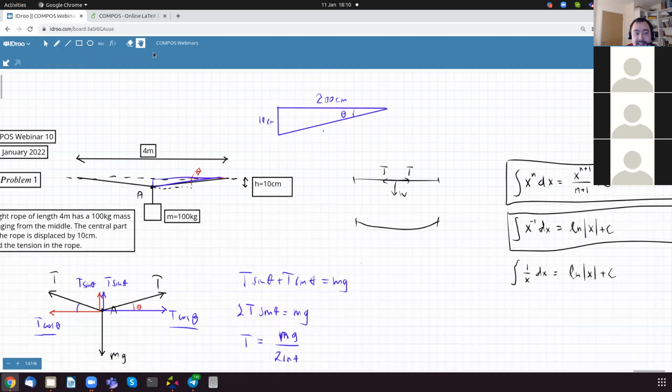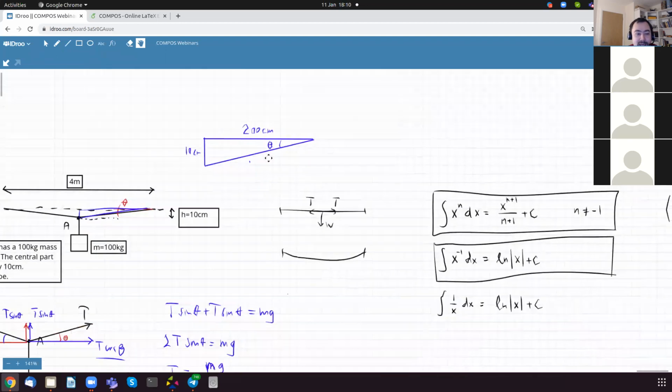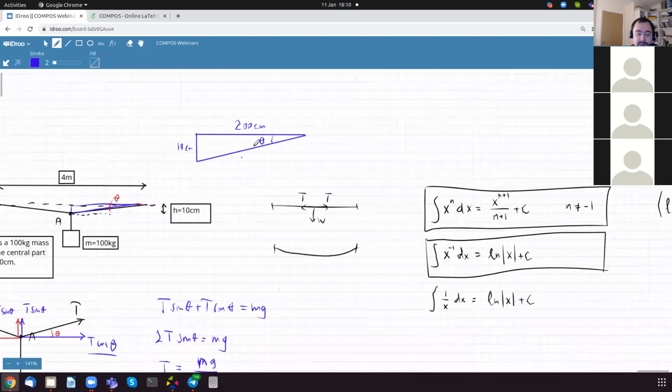However, as a physicist, I don't like complex calculations. Physicists are a bit lazy in that case. So I'm going to write tan theta is equal to 10 over 200, which is 1/20th.